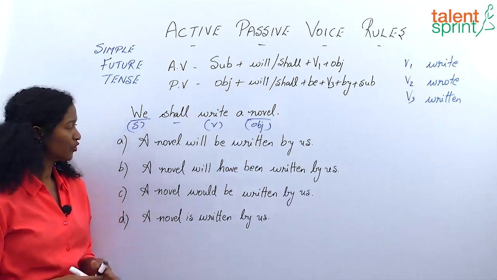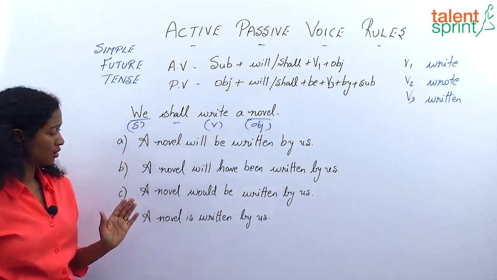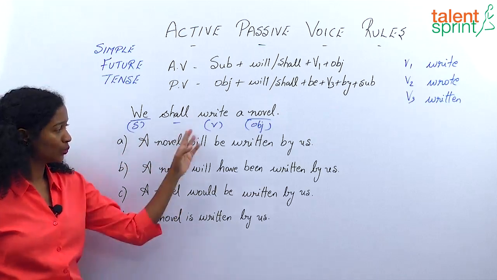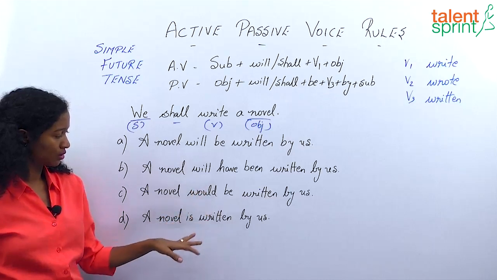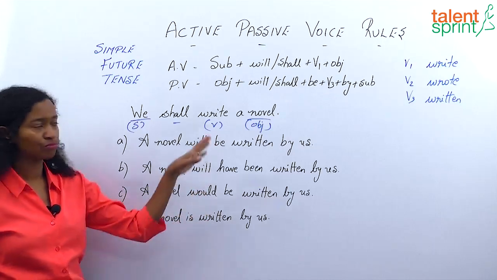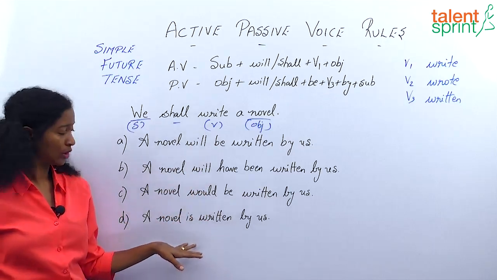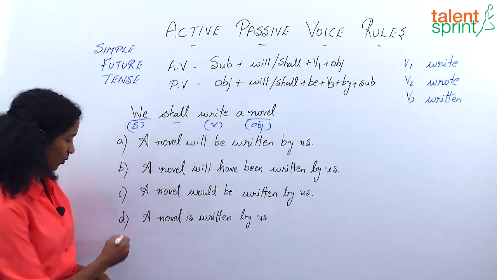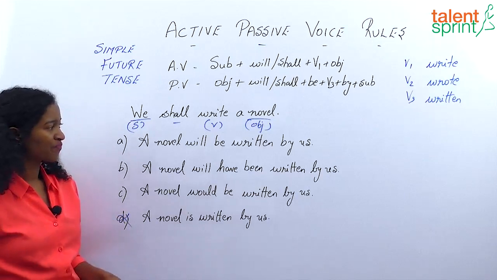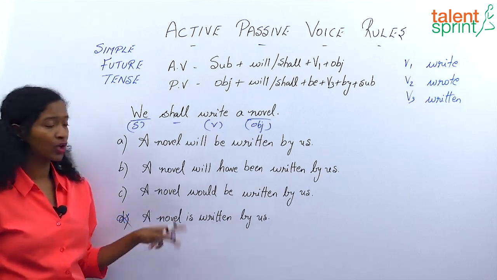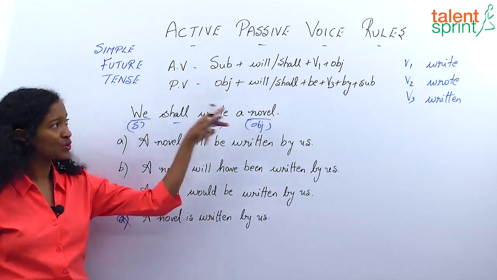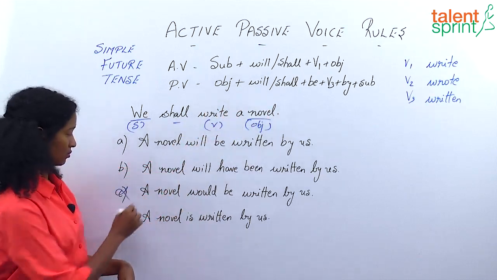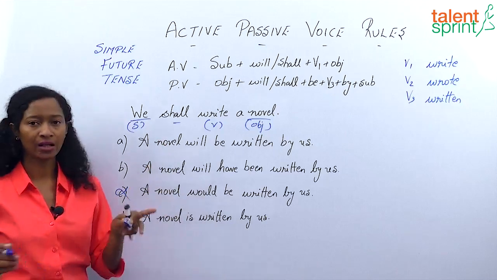Now if you look at the passive voice, everything starts with a novel, and then I have will, would, and then I have, we don't have the modal here, will or shall. So quickly what I can do is I can safely eliminate option D. And I can also eliminate option C because it has to take up will or shall, but I have a would here. I'll have to choose between A and B.